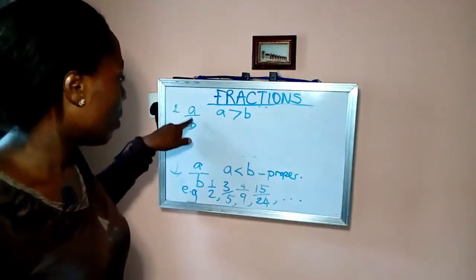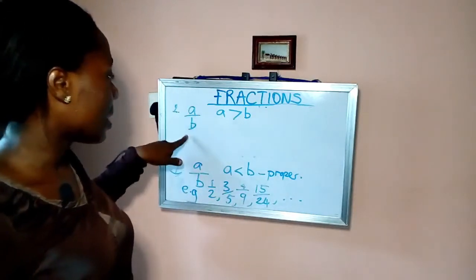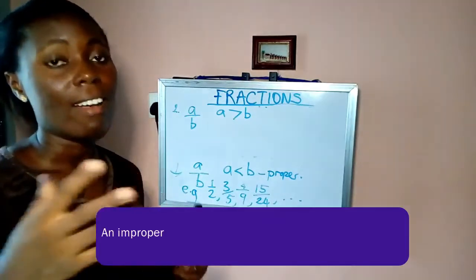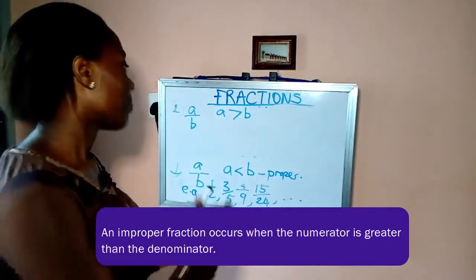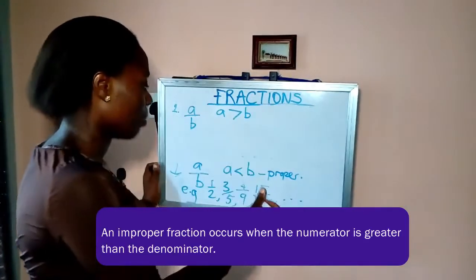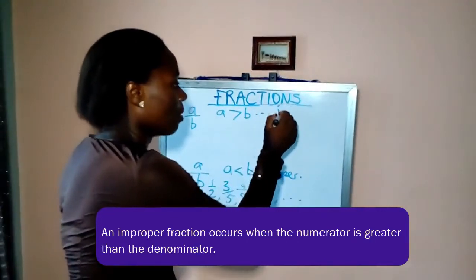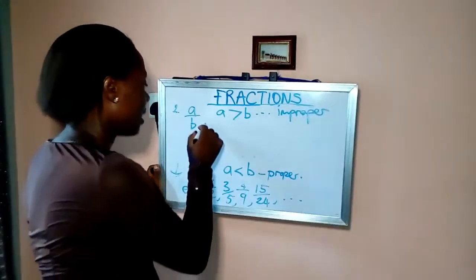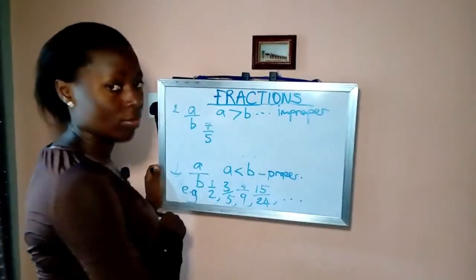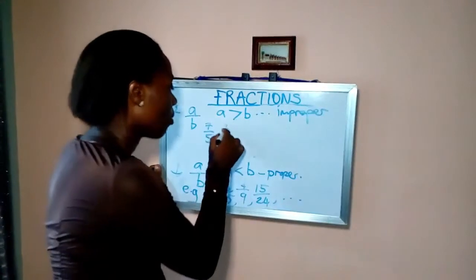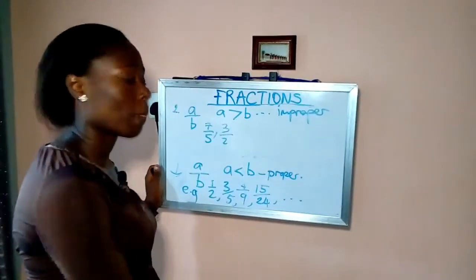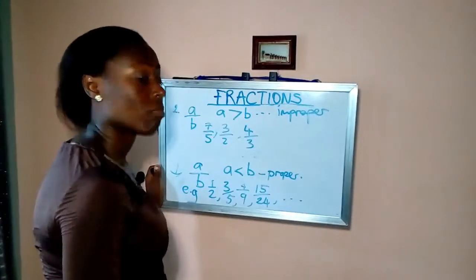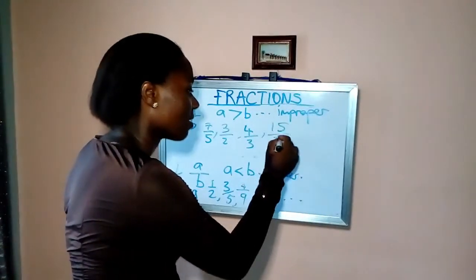Now when your a is greater than your b, we call it an improper fraction. For example, we have something like 7 over 5, 3 over 2, 4 over 3, you can have 15 over 7.